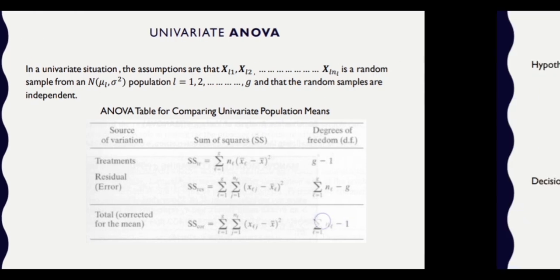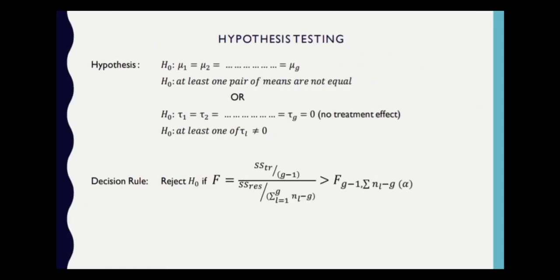So kita tengok flashback macam mana kita punya hypothesis testing, how to conduct the one-way ANOVA. Okay, so the hypothesis will be mu1 equal to mu2 until mu g. Okay, it depends how many population involved. Kalau you ada 3 population je sehingga mu3 saja. Okay, H-naught will be at least one pair of mean are not equal.